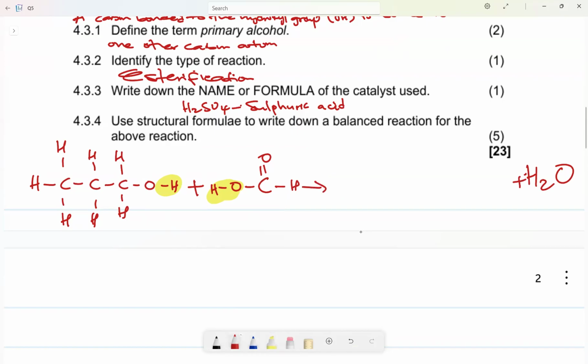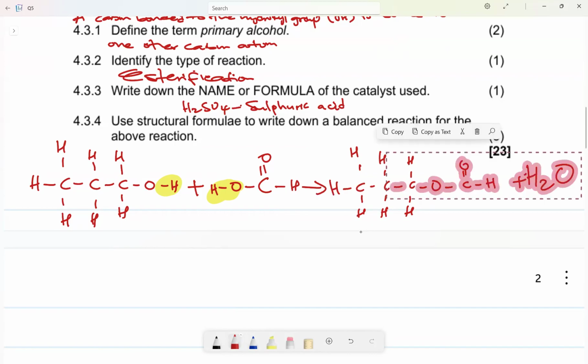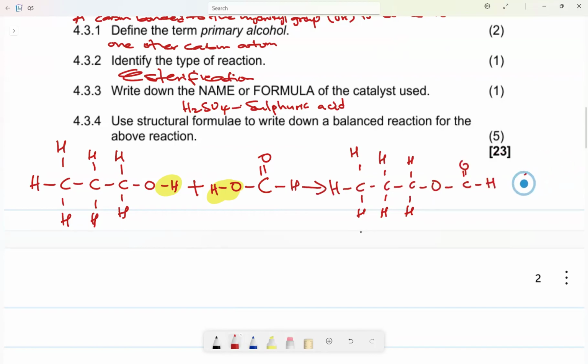What do I mean by that? Can you see I'm left with this? H, H, C, H, H, C, H, H, O, again. Then from O, I move directly to C, C double bond O H, like that. And they wanted the structural formula, so I'm going to say plus.